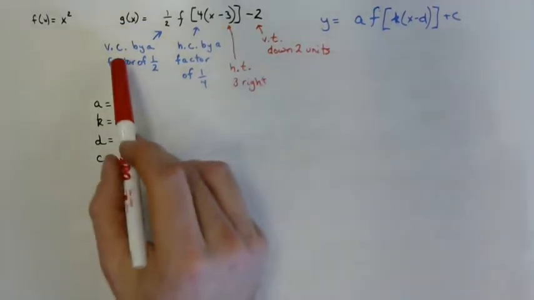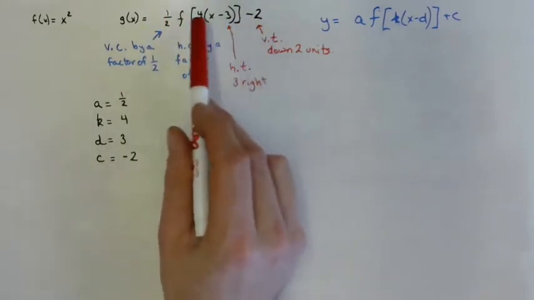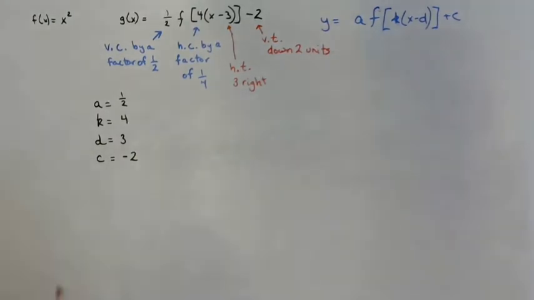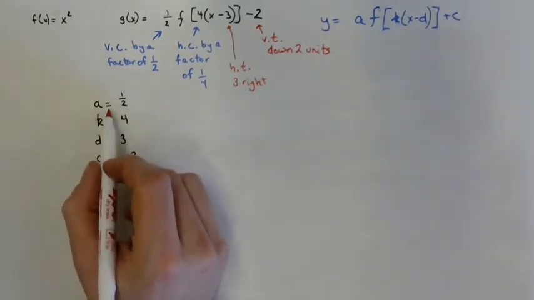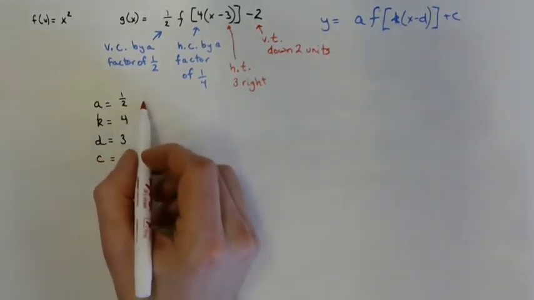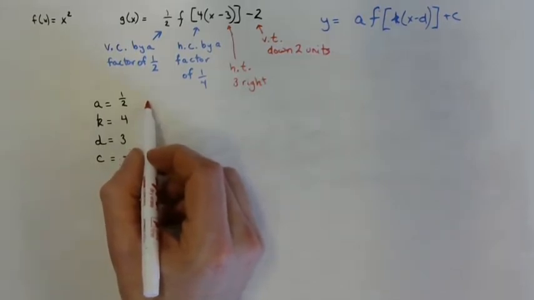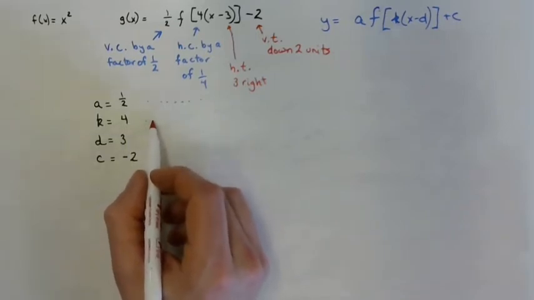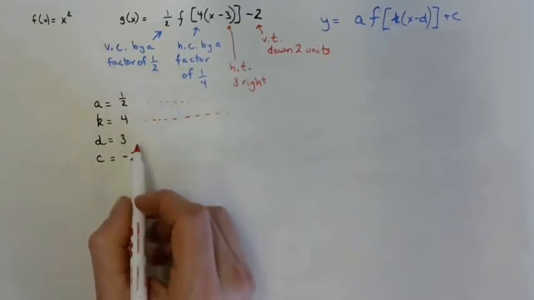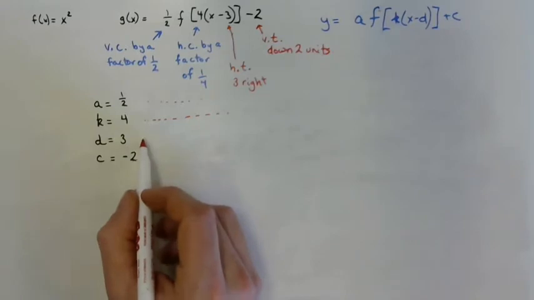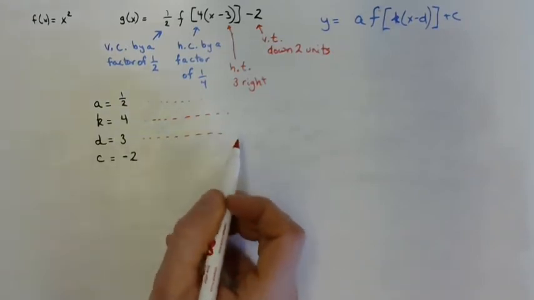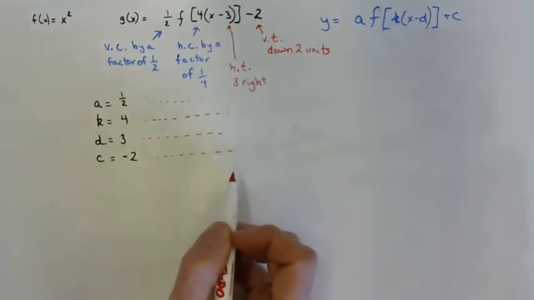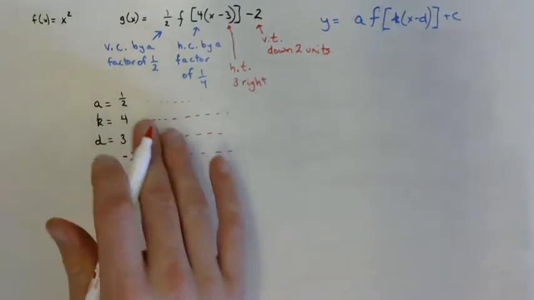Sometimes it's helpful just to look at it in function transformation notation, and sometimes it's helpful to write this list, which you'll probably do more often. Write the list, A equals 1/2, and then say, okay, what does that do? That is a vertical compression by a factor of 1/2. K is 4, that's a horizontal compression by a factor of 1/4. D is 3, that is a horizontal translation 3 to the right. C is negative 2, that is a vertical translation down 2 units. That's how you mostly write it. It's nice and organized.